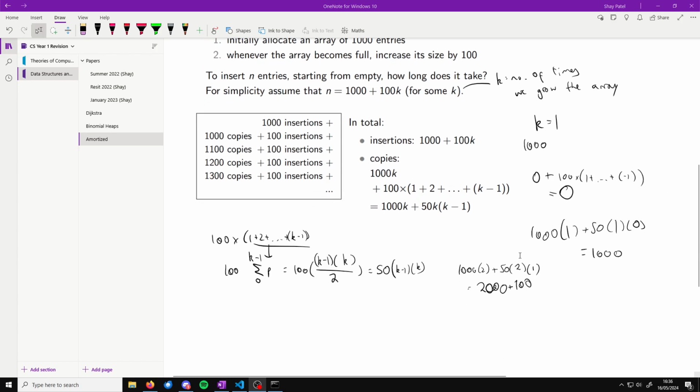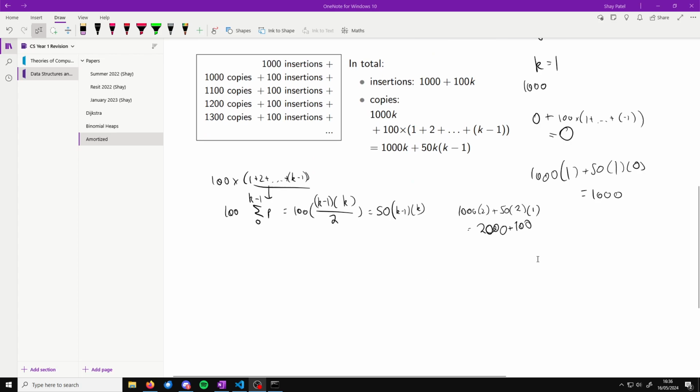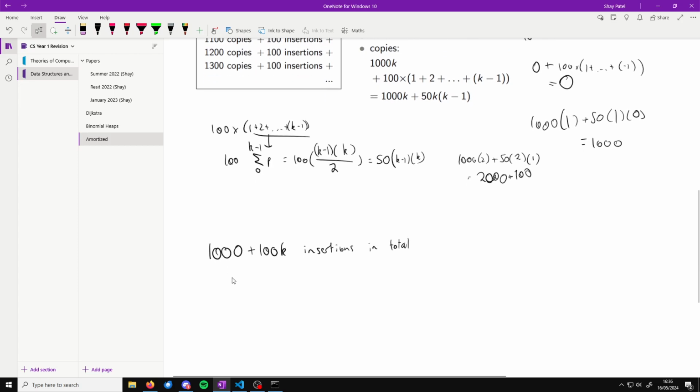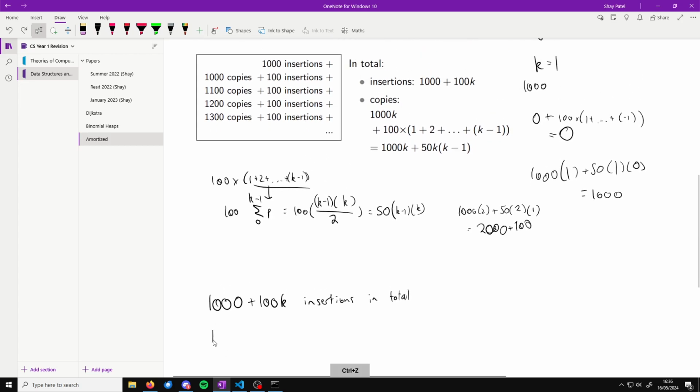So if we want to work out the amortized cost of an insertion, how many insertions are we doing in total? We're doing 1,000 plus 100k insertions in total. And for every insertion, we have to do this many copies: 1,000k plus 50k times k minus 1 copies, plus 1,000 plus 100k insertions.